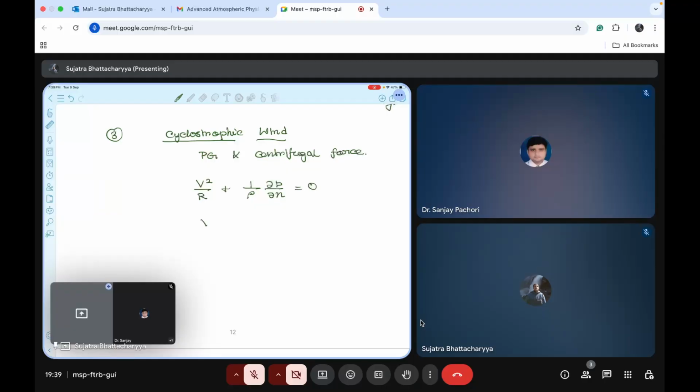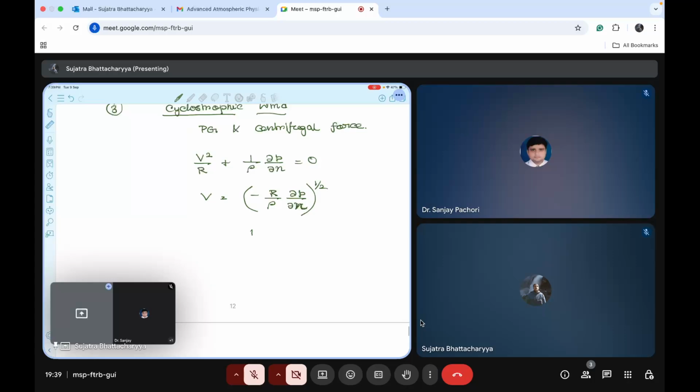So what will be the solution of this? It will be V equals the square root of minus R by rho delta P delta N. And you know that if R is greater than 0 and delta P delta N is greater than 0, or if R is less than 0 and delta P delta N is less than 0, then V is the root of a negative value, which is not possible.